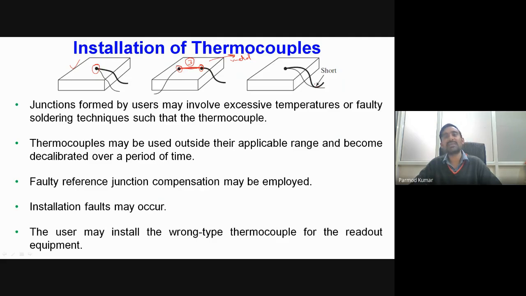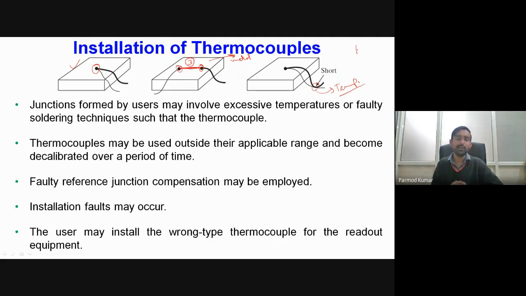In this type of arrangement, the output EMF will give you the value corresponding to the temperature at this particular short point rather than the temperature at this particular junction. So in this case also, whatever temperature you get will be a faulty temperature.